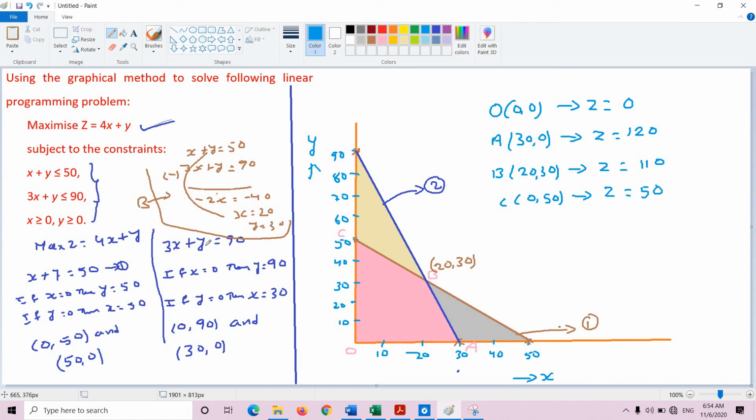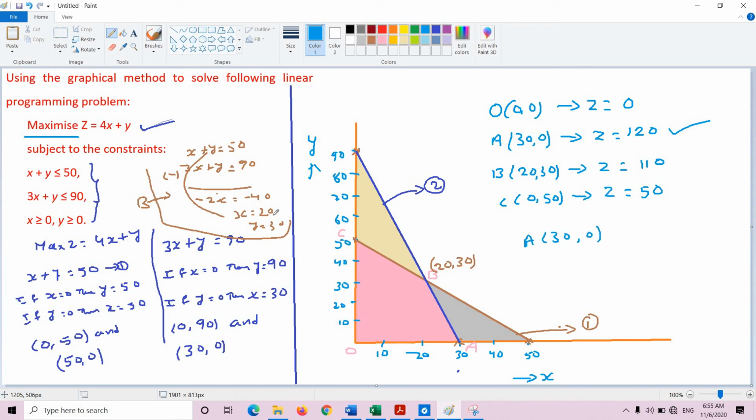In this, which one is the maximum value we have to look for? Since we are doing a maximization problem, we are looking for the maximum value. Which one is maximum? 0, 120, 110 and 50. 120 is the maximum value. Then the solution is A. A is 30, 0.